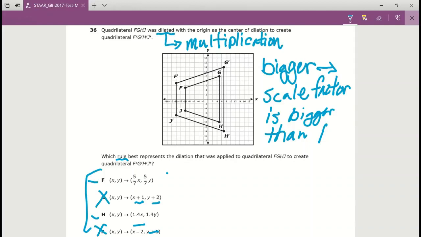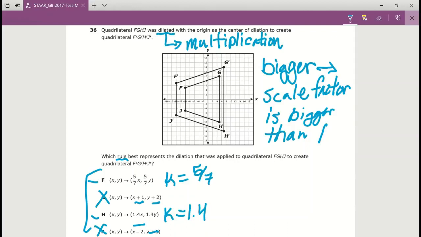So here our k is 5/7. Our scale factor is 5/7, and here the scale factor is 1.4. K is just a shorthand way of writing scale factor. Is 5/7 bigger than 1?